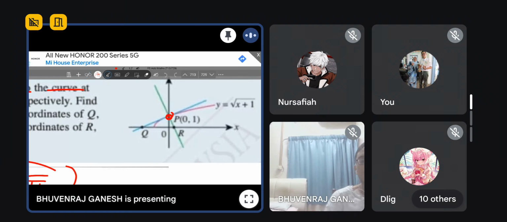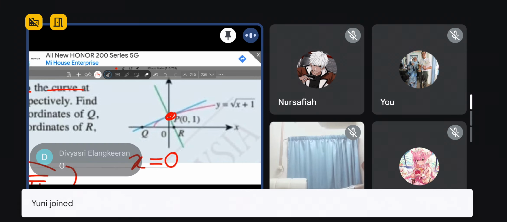So how to get the gradient of tangent, guys? You have this point. So what is the x value at this point? Apa nilai x pada coordinate P? Can you all tell me? If you refer to the coordinate, you should get x equal to 0. Yes, very good.